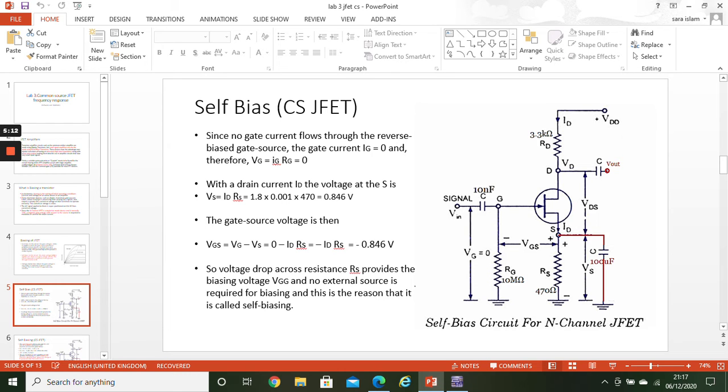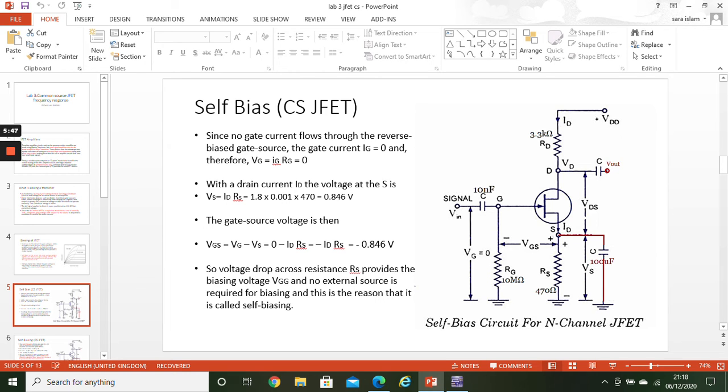You have used a high input resistor, because the gate input impedance of the transistor is high, and you are using it with a high gate resistance of 10 mega ohm. So a very minor current will flow through this path. Its input impedance is very high, so the entire current is flowing through the other path.